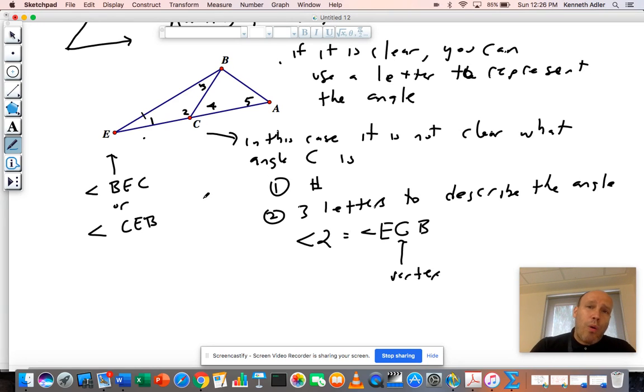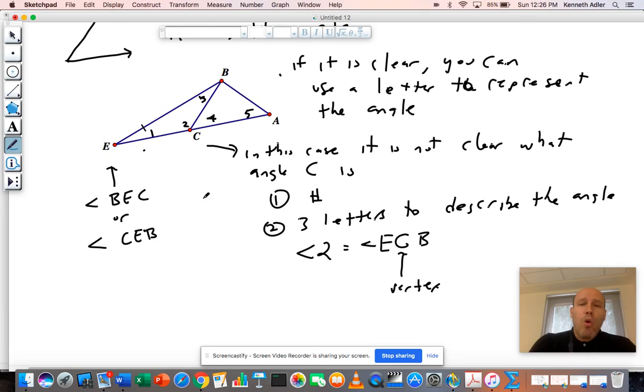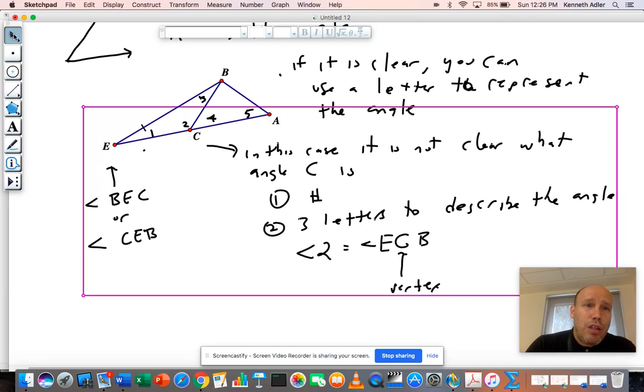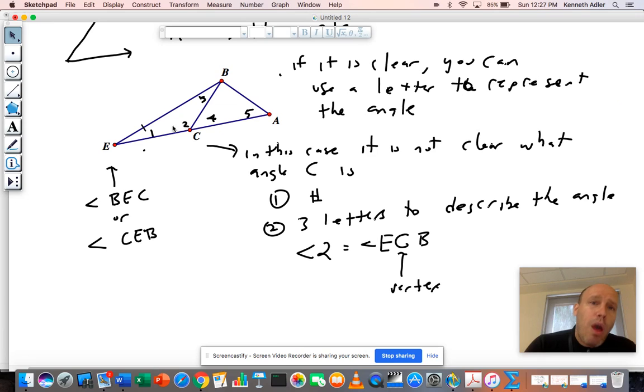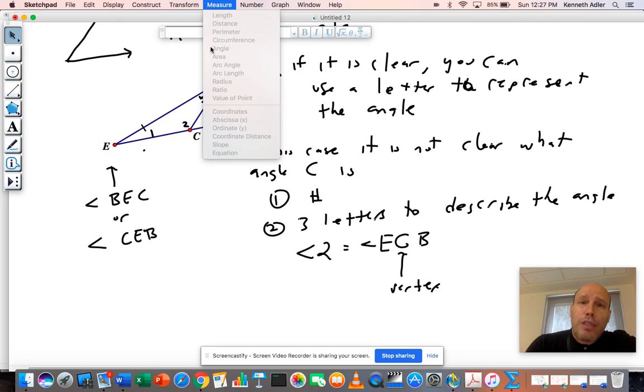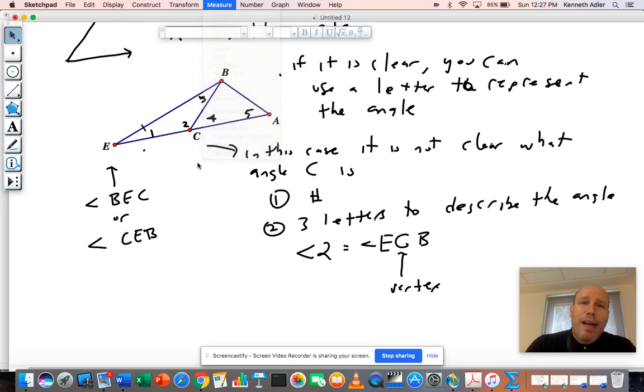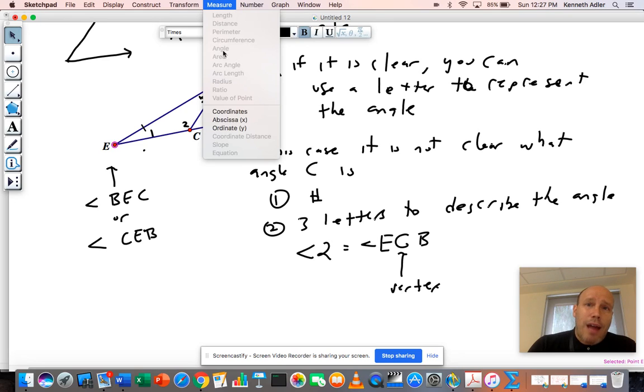So we know that the three angles of a triangle equal 180 degrees. We're going to get to that, but I want to tell my Geometer's Sketchpad to measure the angles, and so I have an option here to measure the angle. You can see up there, measure angle, but if I click E and I go up there, it's not going to highlight.